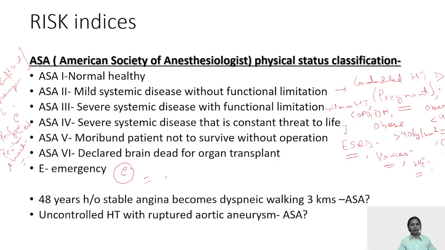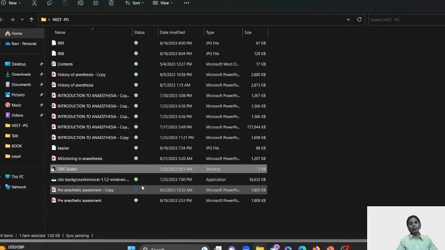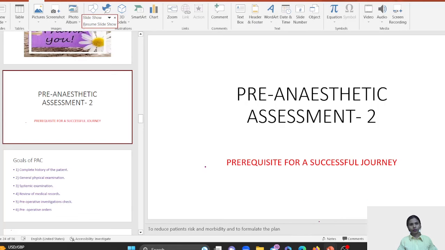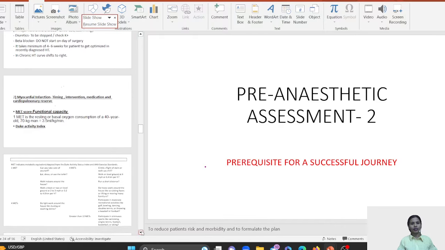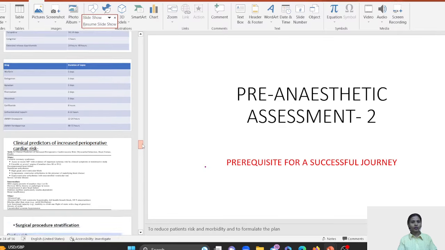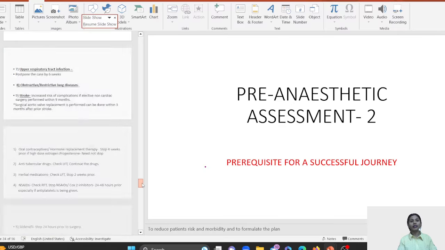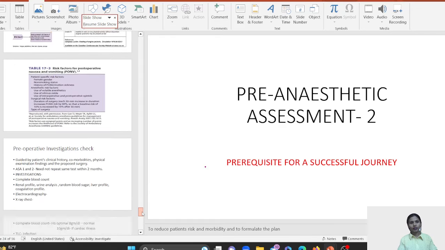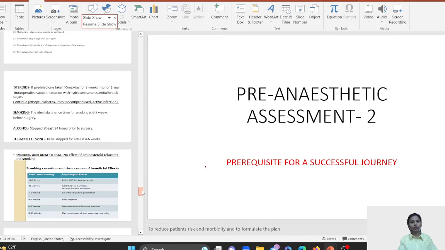Let's have two examples. Like, 48 years, history of stable angina, becomes dyspneic when he's walking. So what is the category of the patient? Such a patient has a limitation, right?